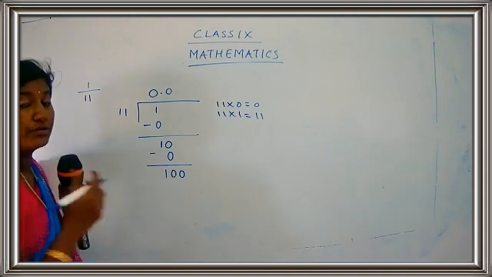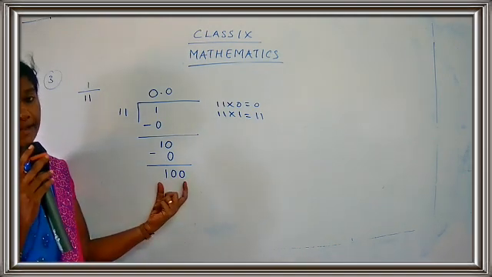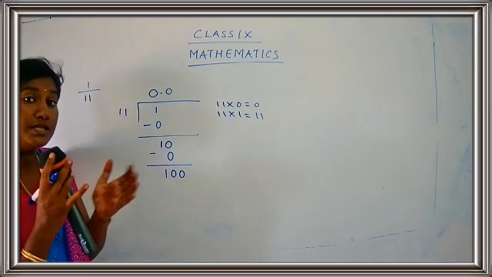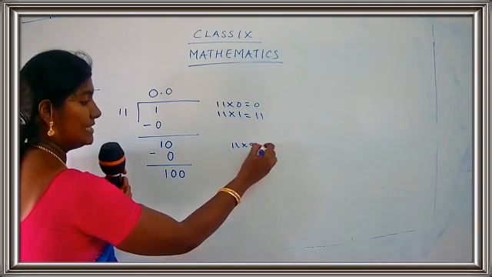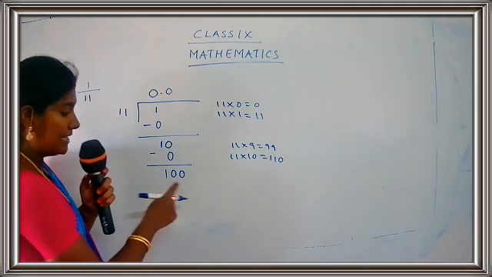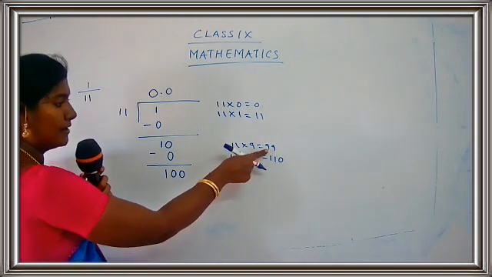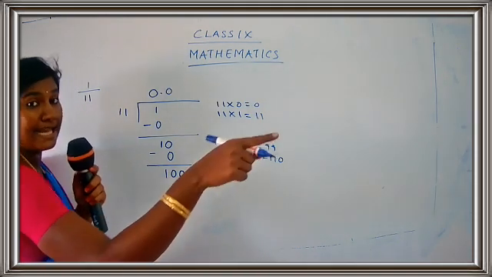This is 100. We don't have the number 100 in the table of 11, but we can find the closest number to it. 11 9s are 99 and 11 10s are 110. This 110 is bigger than that, so I'll take a number smaller than 100. That is 99.